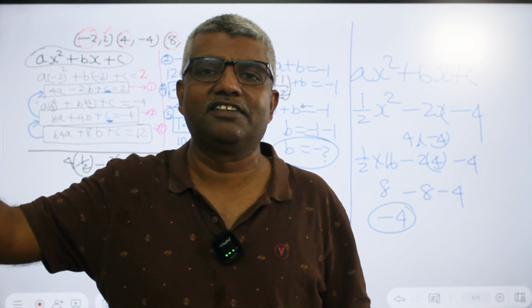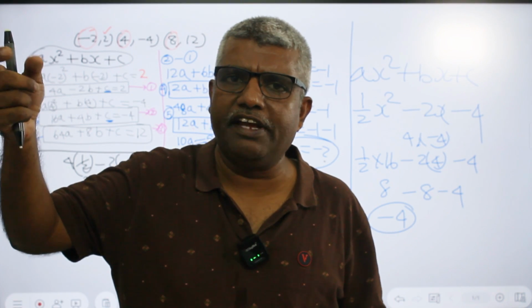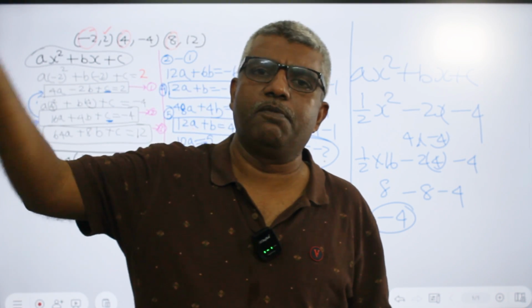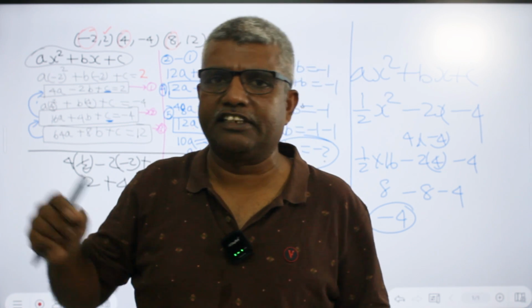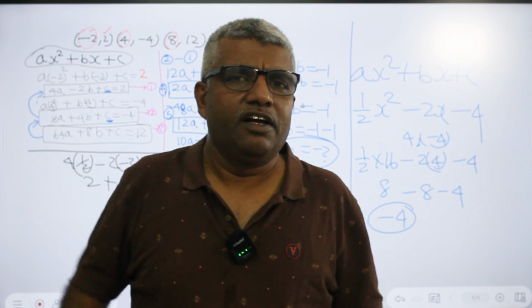So you will get equation number 1. Then in the same way with point 2, get equation 2. Then in the same way with point 3, x coordinate and y coordinate, you will get equation 3.